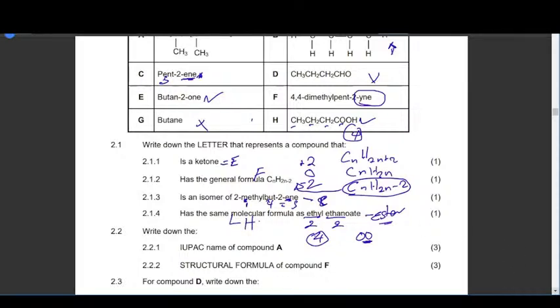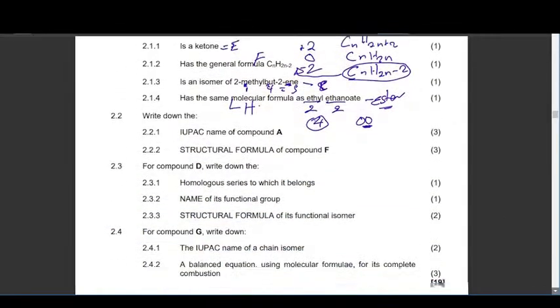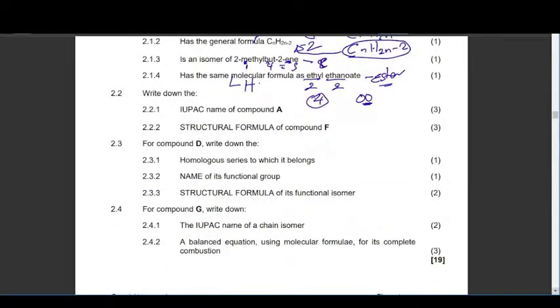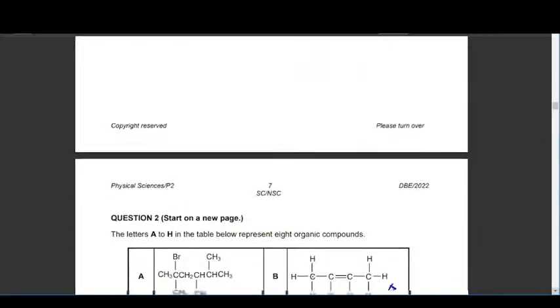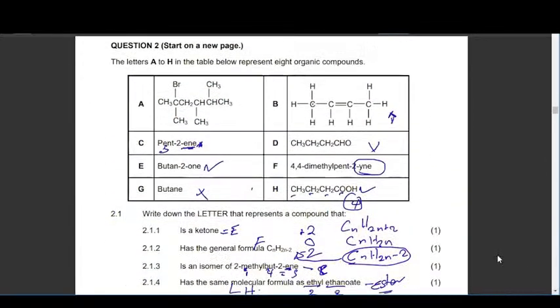Question 2.2, write down the IUPAC name of compound A. Now, if you go back and look for compound A, let's look at the longest chain.